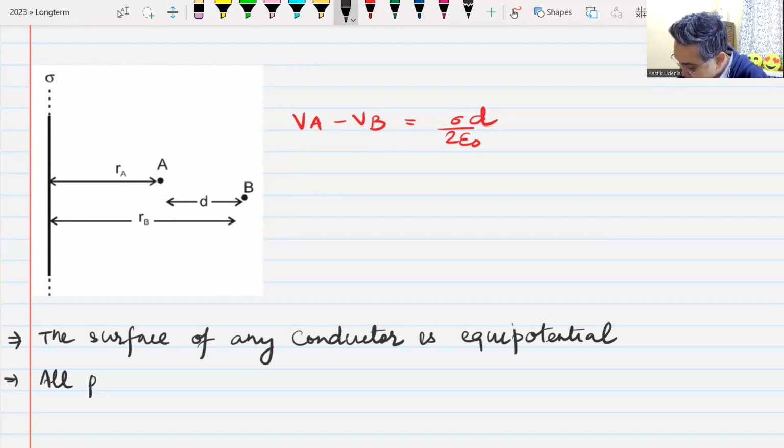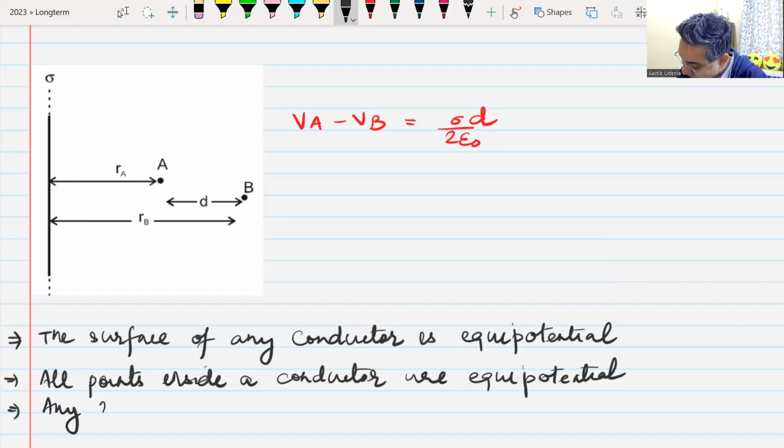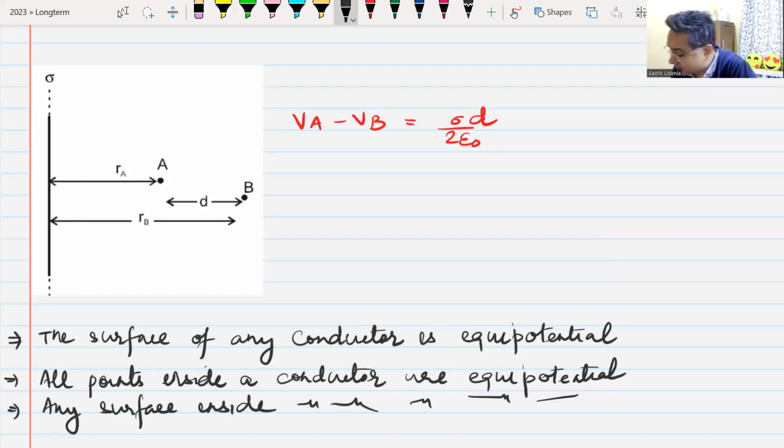All points inside a conductor are equipotential. Do we understand this? Yes, sir. Any surface inside a conductor is equipotential. Do we understand this? Yes, sir.